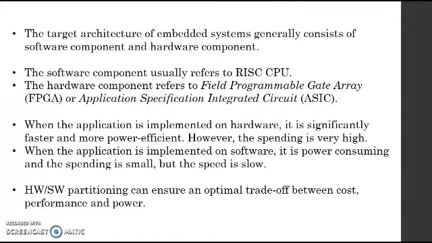So the target architecture of embedded systems generally consists of software components and hardware components. The software component usually refers to the RISC CPU, and the hardware component refers to the field programmable gate array, that's known as the FPGA, or application specific integrated circuits that are known as ASICs.